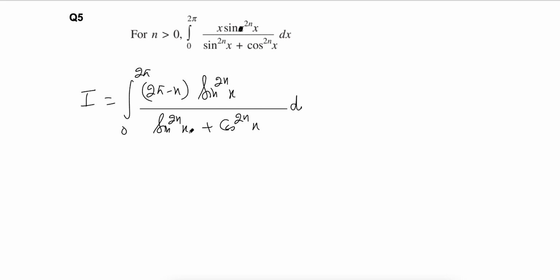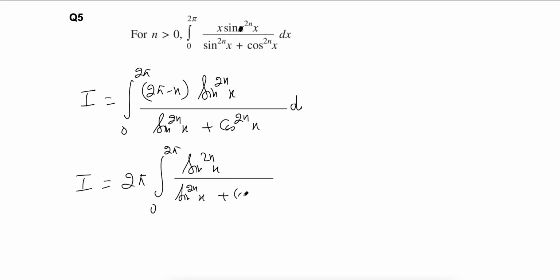Because 2 pi minus x, that will be minus sine x, but my power is 2n. So now I equal to, directly I am doing, 2 pi into 0 to 2 pi sine power 2n x divided by sine power 2n x plus cos power 2n x dx minus I. Correct?